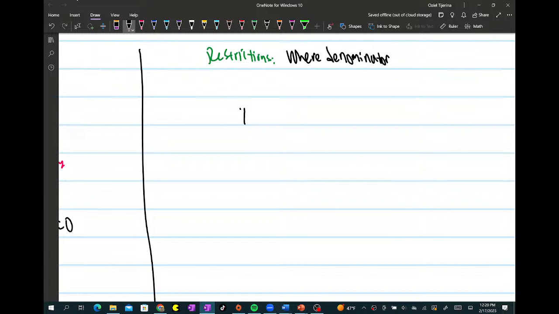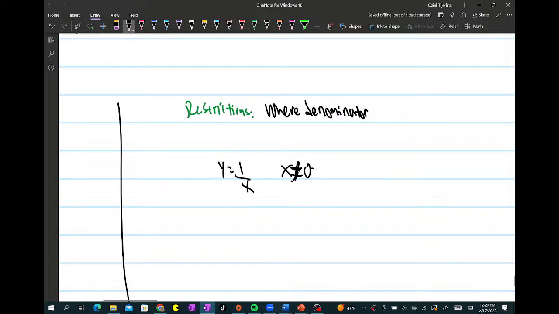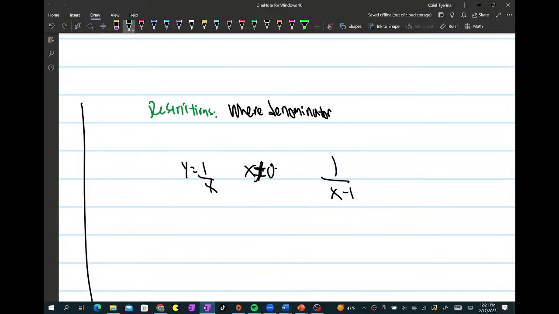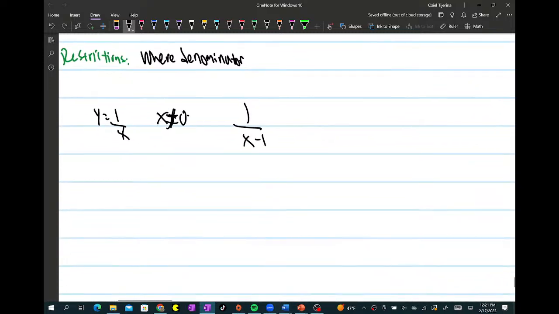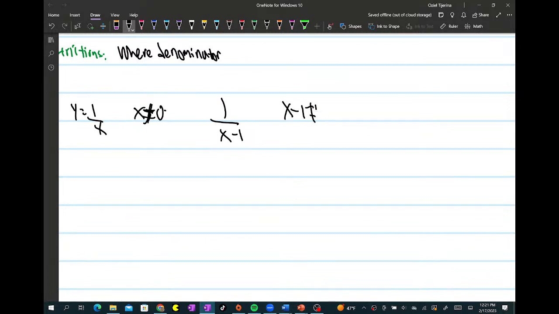It's like if I say y equals 1 over x, state the restrictions. Well, x cannot be equal to 0. If I say 1 over x minus 1, state the restrictions. x minus 1 cannot be equal to 0.